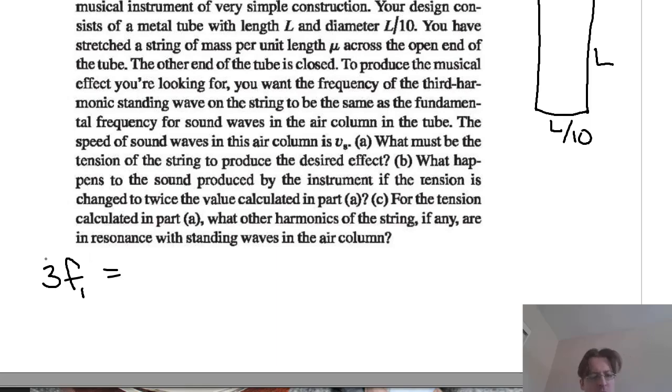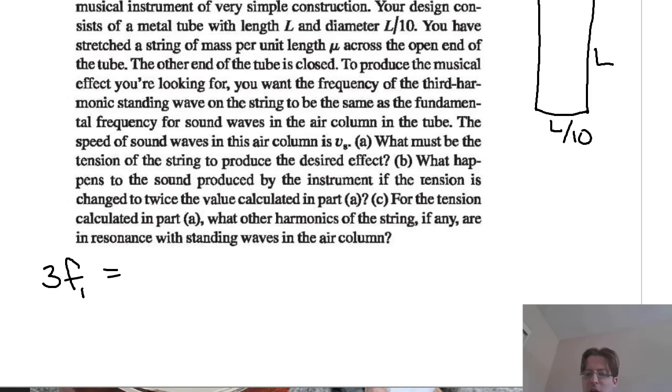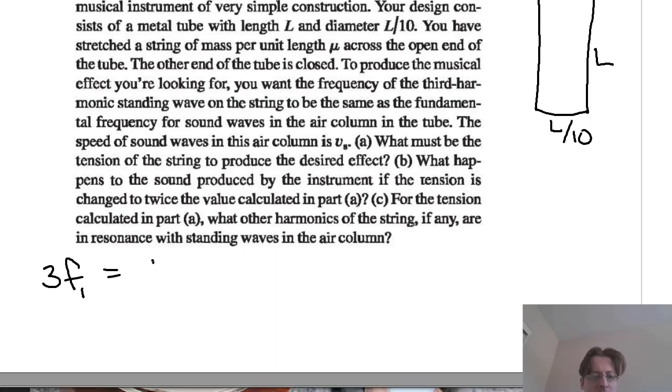Remember, the third harmonic is just 3 times the frequency of the fundamental. So I want 3 times F1 to be equal to the fundamental frequency for the sound waves in the tube, and I'll call that Fs. So I'd like to figure out what the tension must be to make that happen. So I need to plug in F1 in terms of the tension.